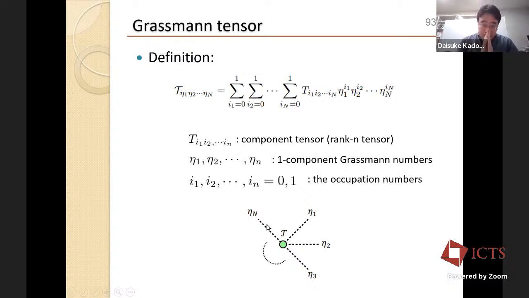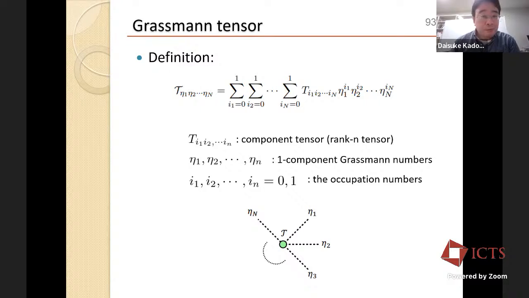Okay, so this is a formal definition of the Grassmann tensor, and as I explain later, this Grassmann tensor appears from the local fermion action.